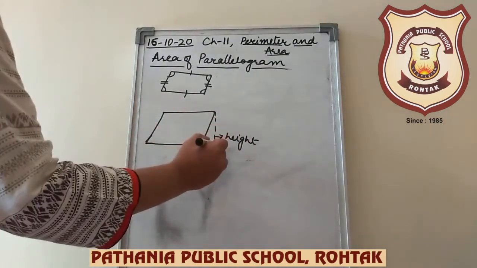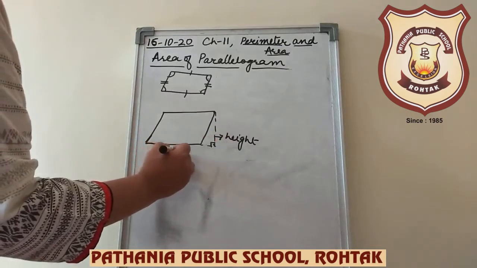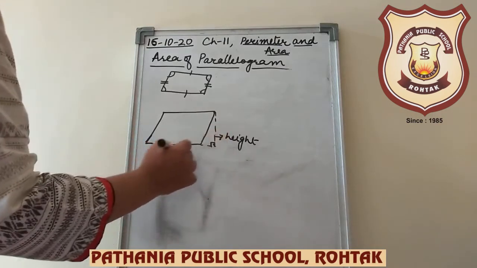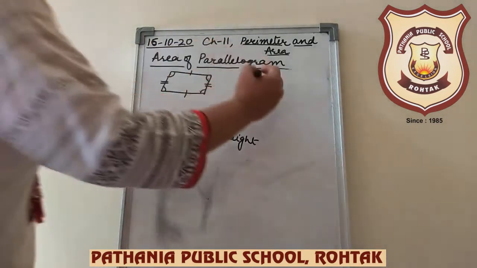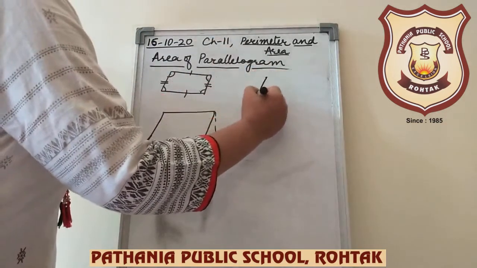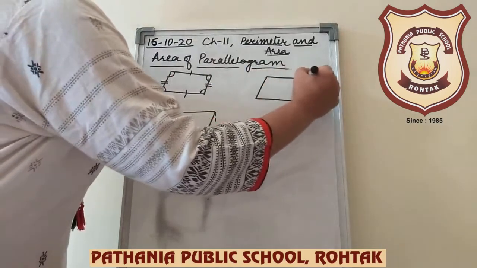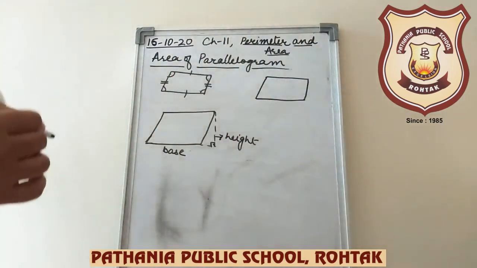And with respect to this height, this side is the base, the corresponding base to this height. Clear? I'll draw another figure also, so that the concept of base and corresponding height is clear.